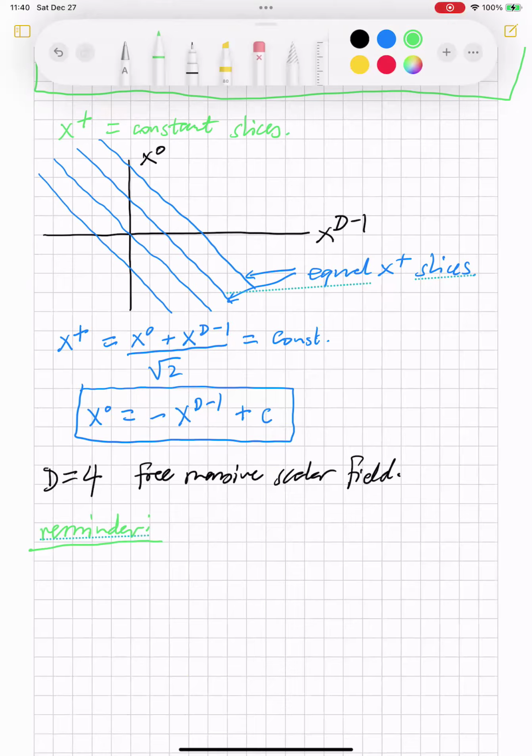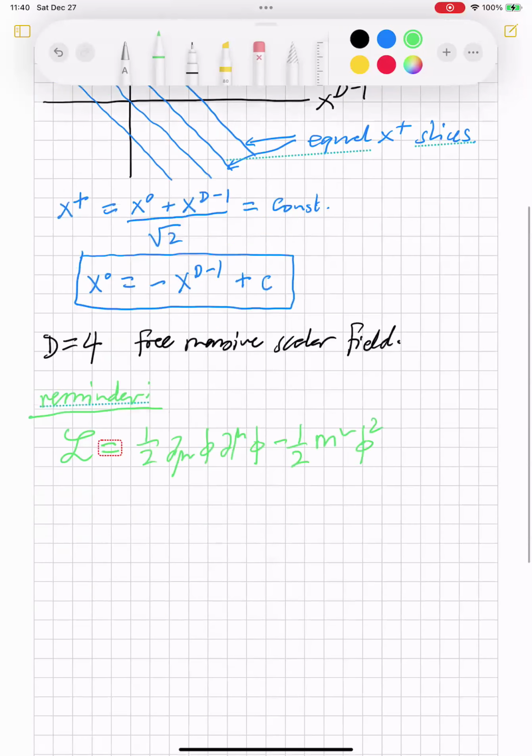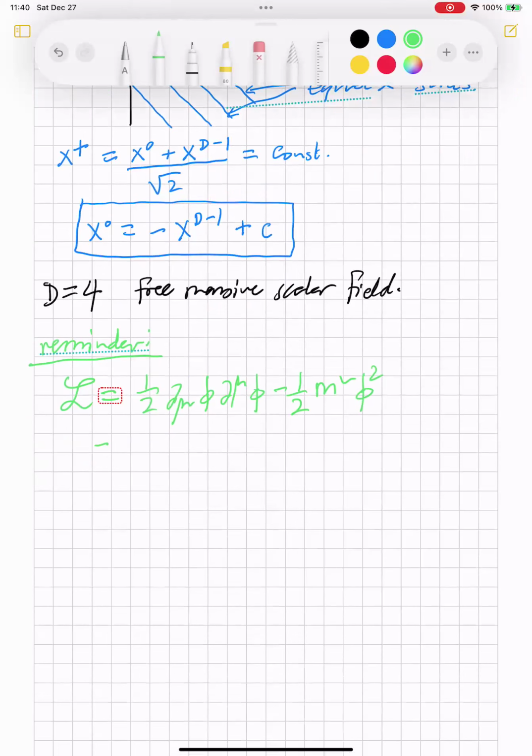So what do we have? We've got the Lagrangian, which would take the form of 1/2 d mu phi minus 1/2 m squared phi squared, and we're working in d equal to 3. If we write this out explicitly, I'm sure you know this, but let's just make sure that we're all on the same page here.